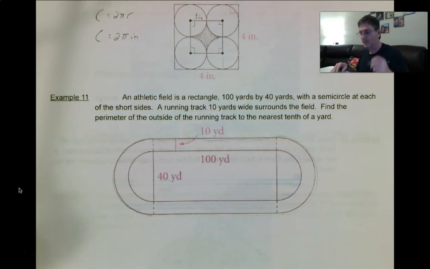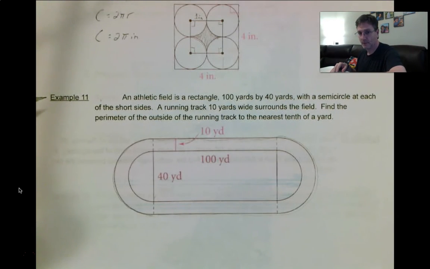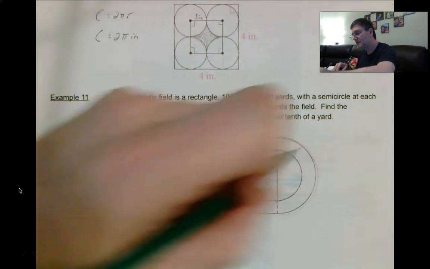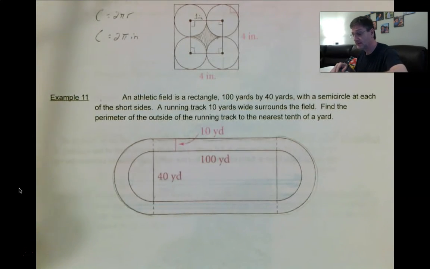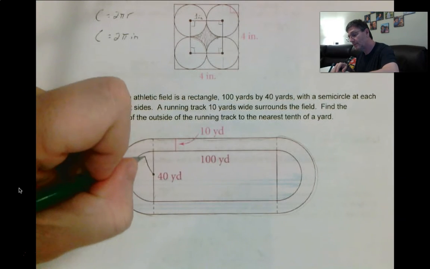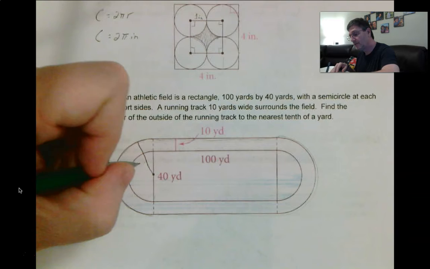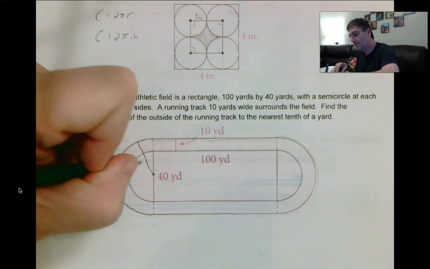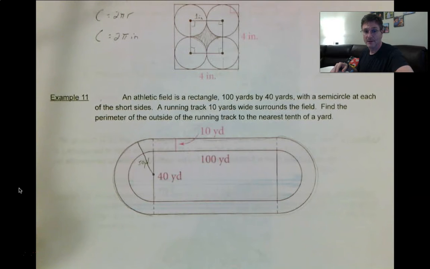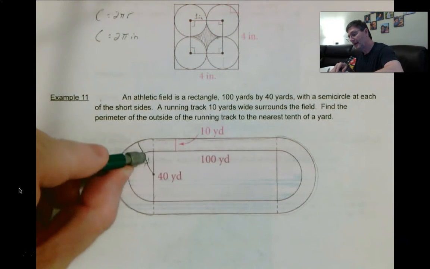Okay, so this is 100 and 100. That's easy. So that's 200 that we're adding. What's the circumference of this circle? Well, what's the radius of this circle? The radius of this circle is not 40, it's... sorry, I'm wrong.